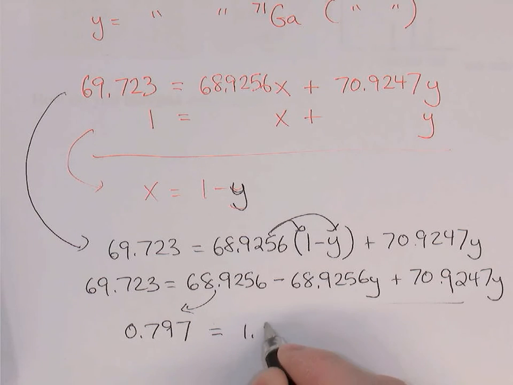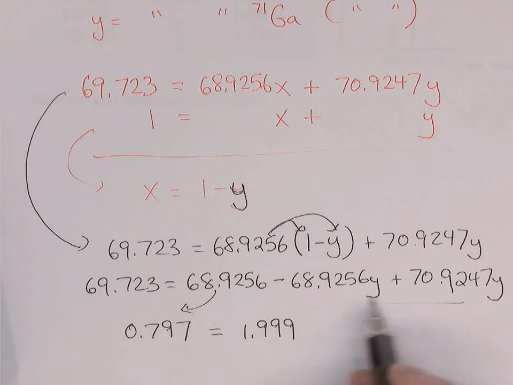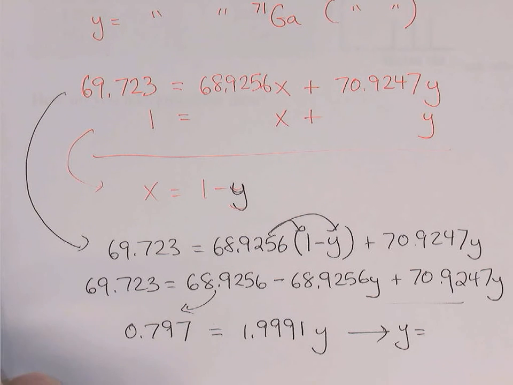We get 1.9991Y, keeping 4 decimal places there. Dividing both sides by the coefficient of Y, we'd get that Y is equal to 0.399, or 39.9% is the abundance of gallium-71.